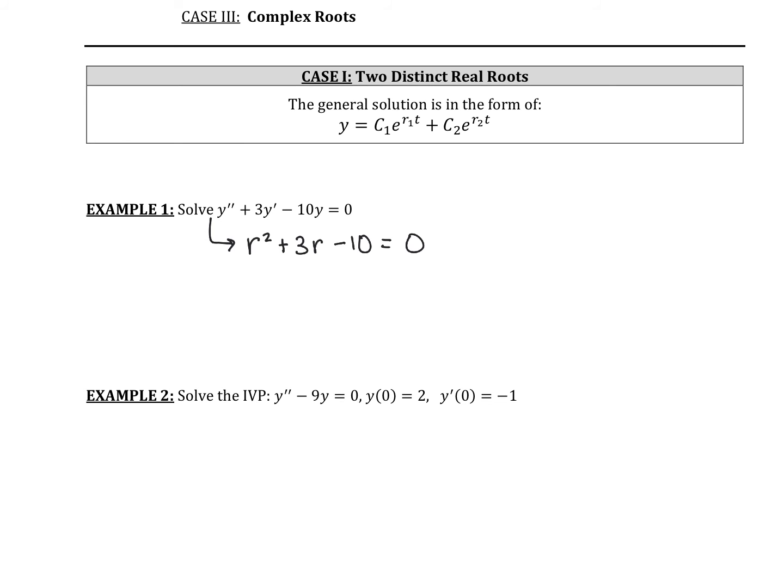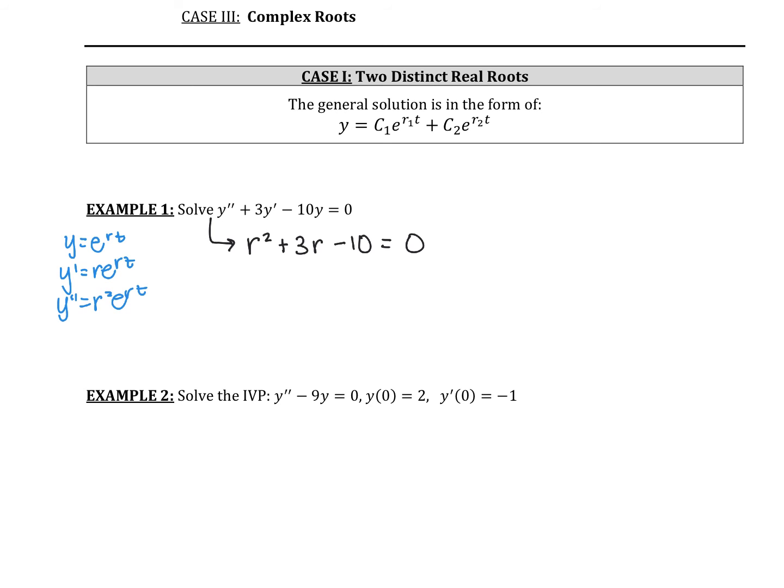So here's why we're making this jump. If we assume that e to the rt is a solution, then y prime would be r e to the rt, y double prime would be r squared e to the rt.